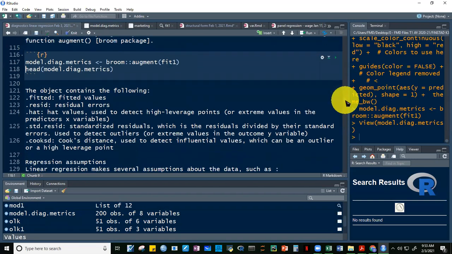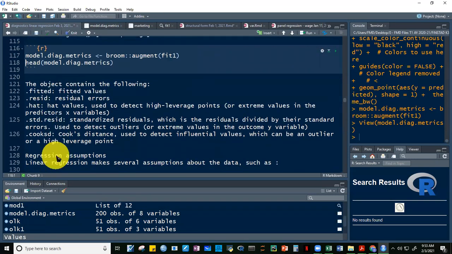Alright, so it contains these objects. Naka-explain naman dyan guys kung ano yun, yung fitted, yung residuals. Yung hat values guys, it's used to detect high leverage points, extreme values in the predictors, X variables. Tapos standardized residuals, ibig sabihin yung residuals ni-normalize natin, and it's used to detect outliers or extreme values in the outcome Y variable.